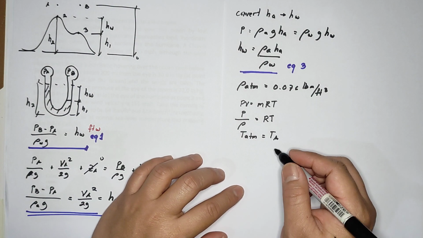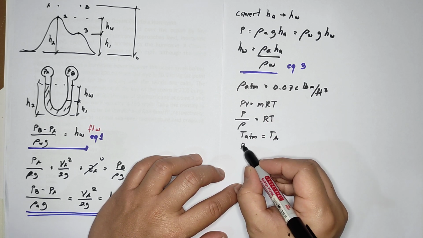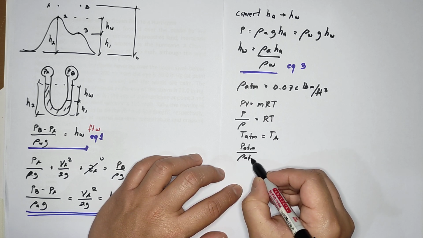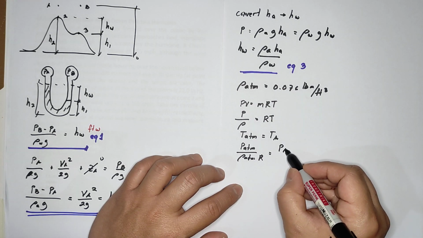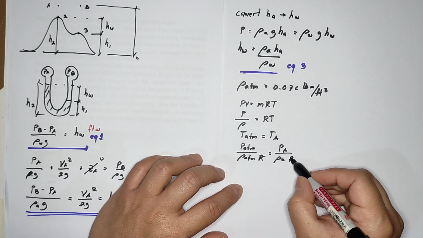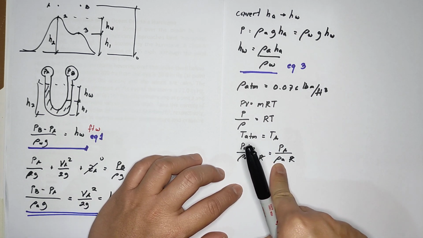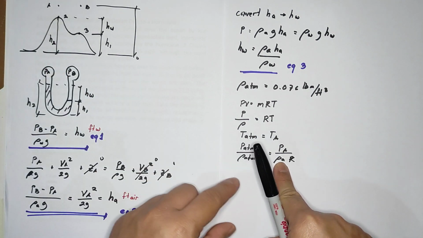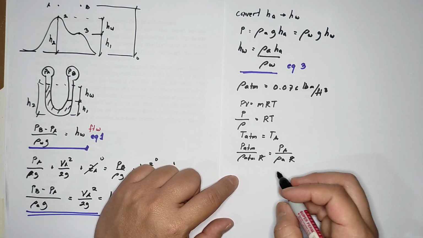So with that, you now have P ATM, rho ATM times R, then you have PA, rho A, then you have R. The R will cancel out, so now we could determine the relationship of the air at point A and the density at atmospheric condition.